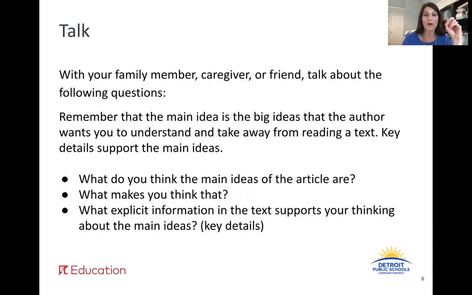So talk about, what do you think the main ideas of the article are? What makes you think that? So point it out in the text. And what explicit information in the text supports your thinking about the main ideas? So those key details. So go ahead and press pause, have a really good conversation, take your time, and when you're ready, come on back.